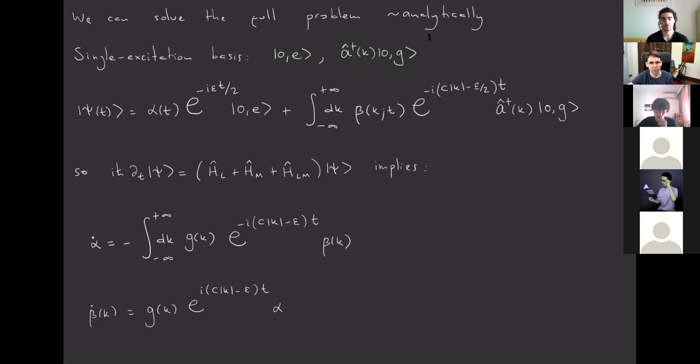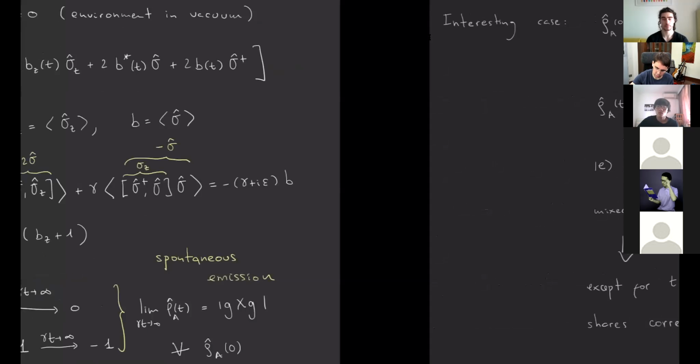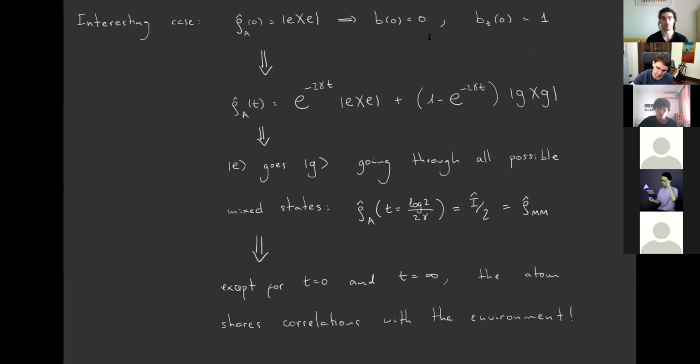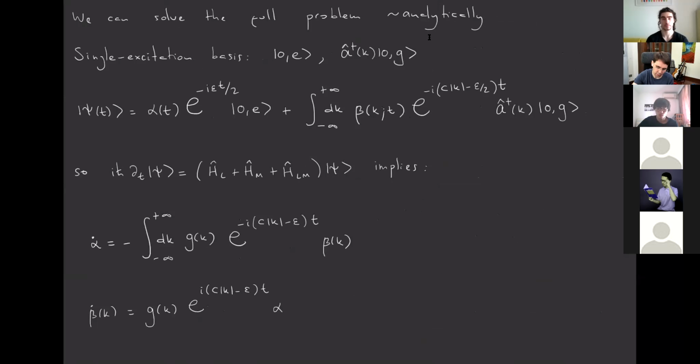Let me try to remember how I wrote the interaction. Yeah, it's fine. You can do it for a g that is complex, and then you will get a complex conjugate in one of them, but I will just assume that g is real.